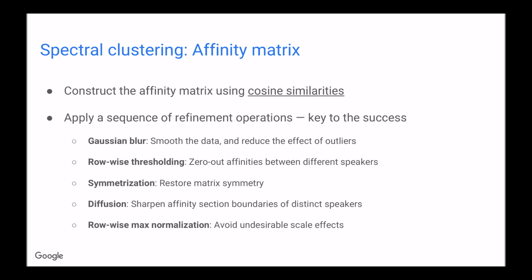This is to smooth the data and reduce the effect of outliers. Then we apply a threshold to each row of the matrix. This will zero out affinities between different speakers. A symmetrization operation follows to restore matrix symmetry after the thresholding. A diffusion operation is used to sharpen the boundaries of distinct speakers. Finally, we apply a row-wise max normalization to avoid some undesired scale effects.